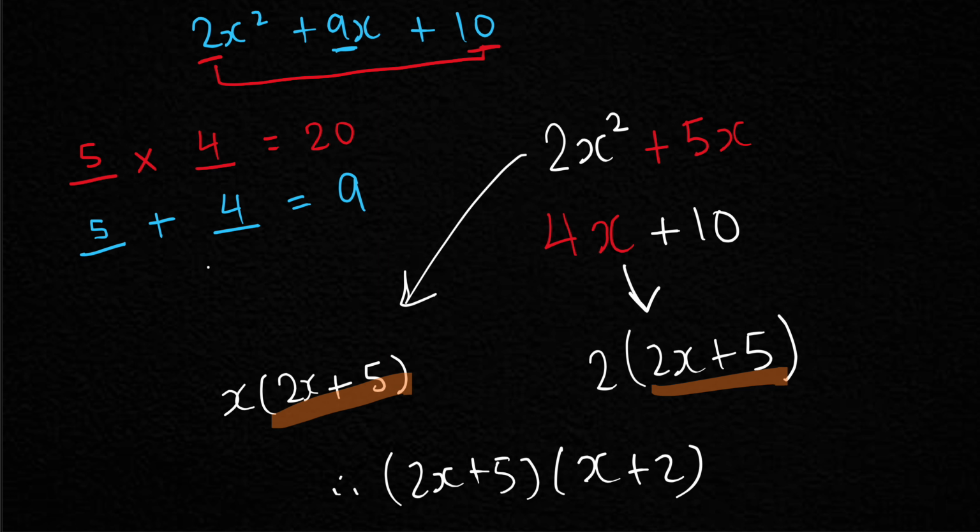So just go through this again. We take the two last digits, they multiply to make 20, and two numbers also multiply to make 20. The middle one stays the same.